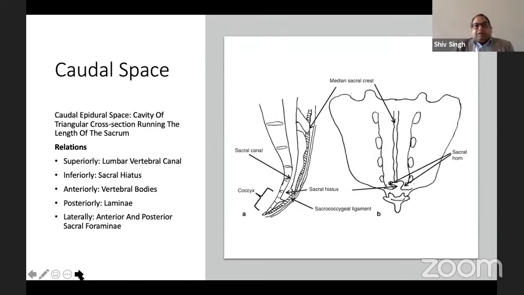Superiorly, we have the lumbar vertebral canal. Inferiorly, the sacral hiatus. Anteriorly, we have the vertebral bodies. Posteriorly, we have the laminae. And laterally, we have the anterior and posterior sacral foramina. So that's the caudal space.